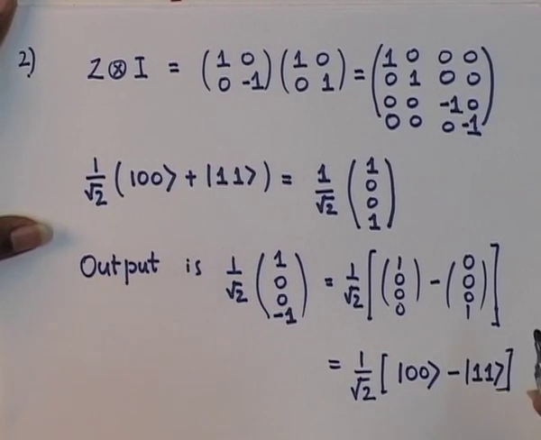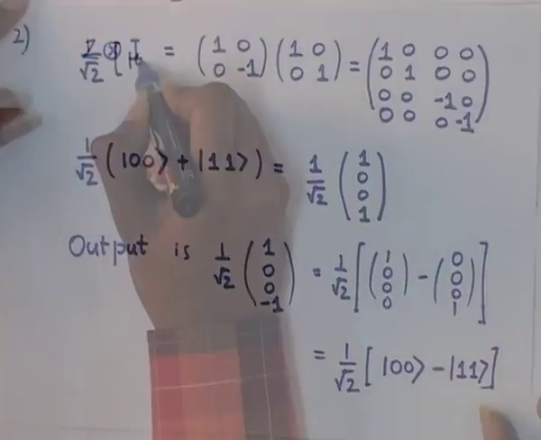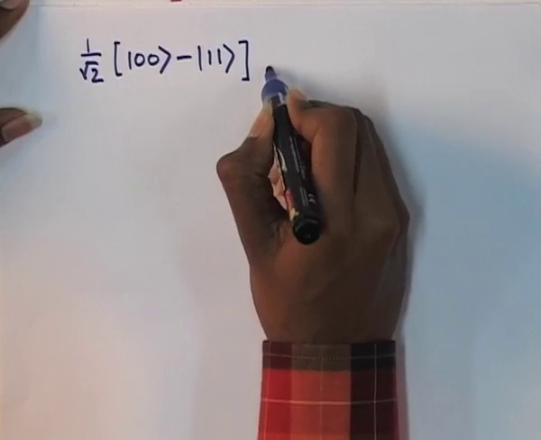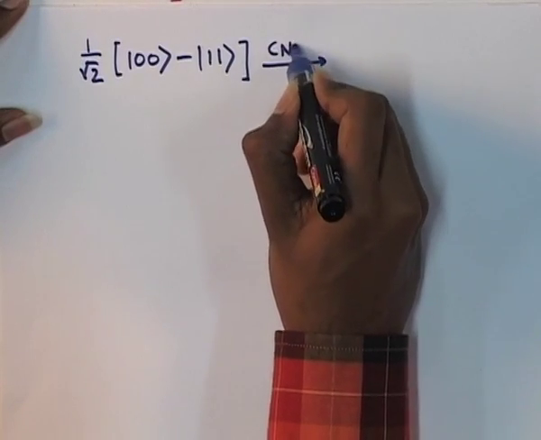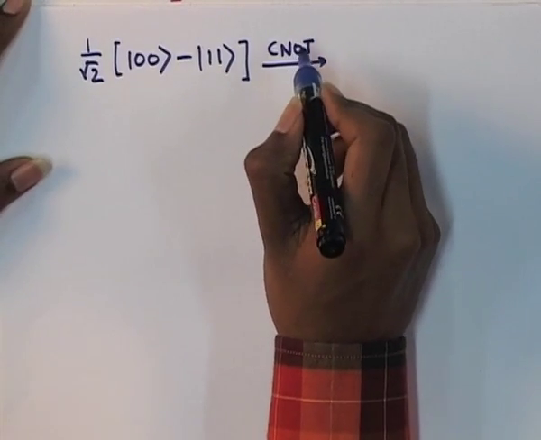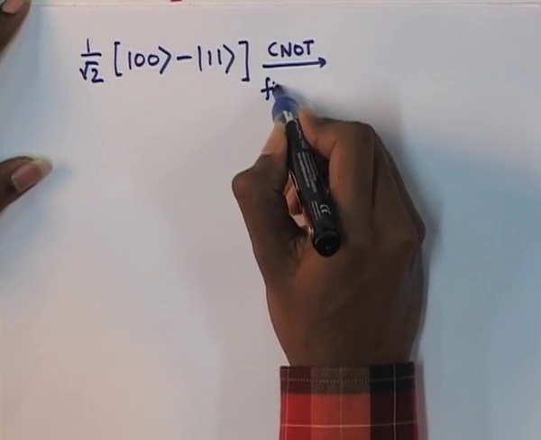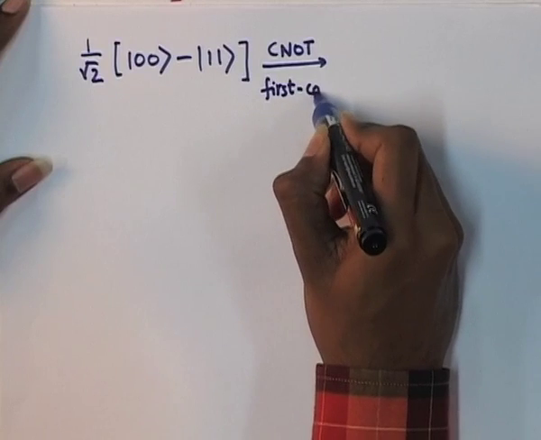After the first stage of processing, he has 1 by square root 2 (qubit 00 minus qubit 11), and after that a CNOT gate is applied where the first qubit is the control bit and the second is the target bit.